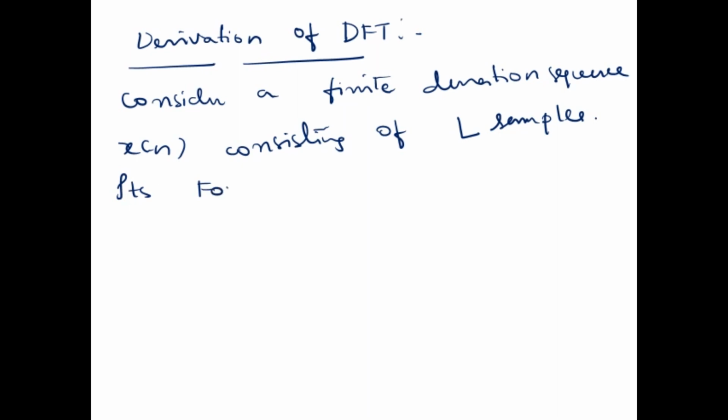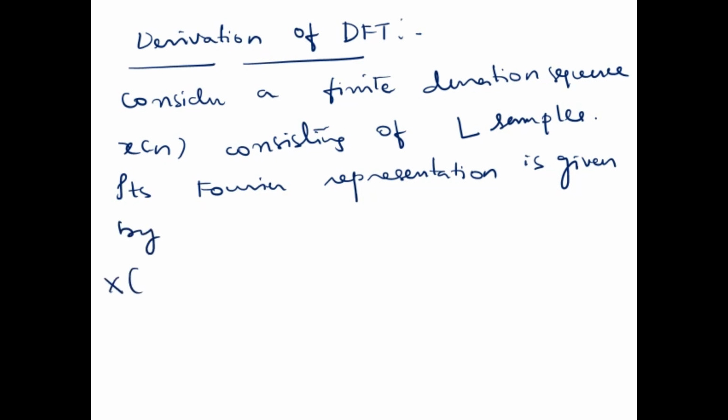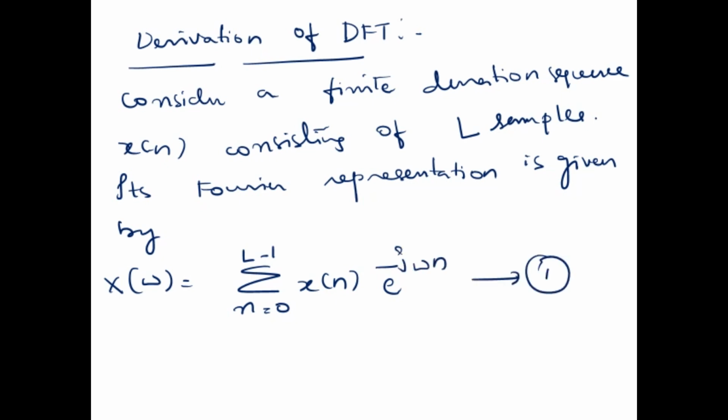Its Fourier representation is given by X of omega is equal to summation n is equal to 0 to L minus 1 x of n into e power minus j omega n. Call it as equation number 1.